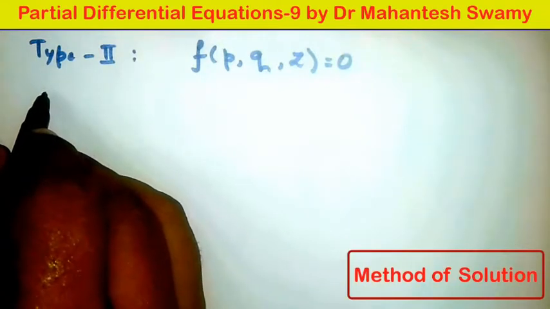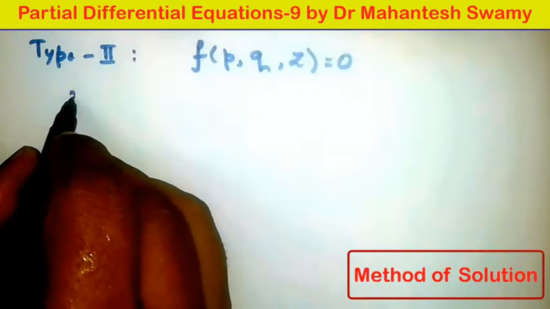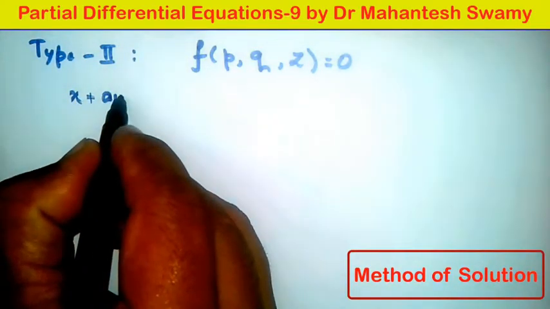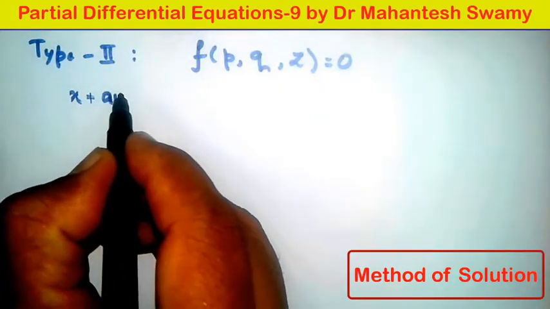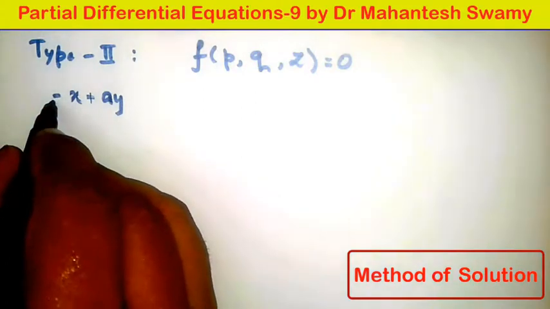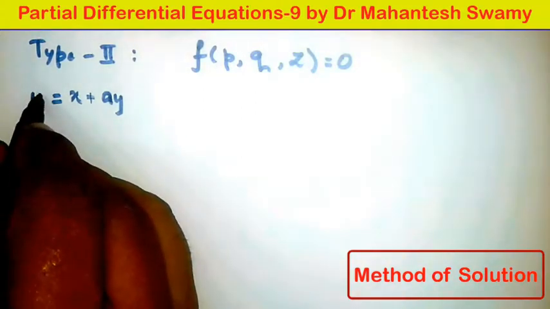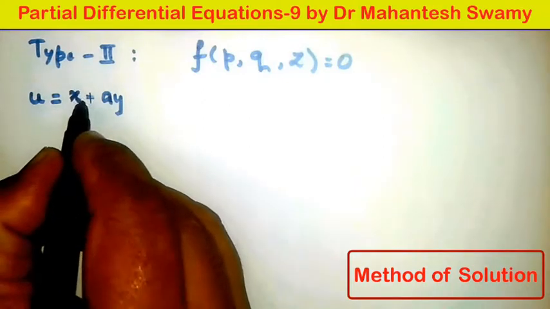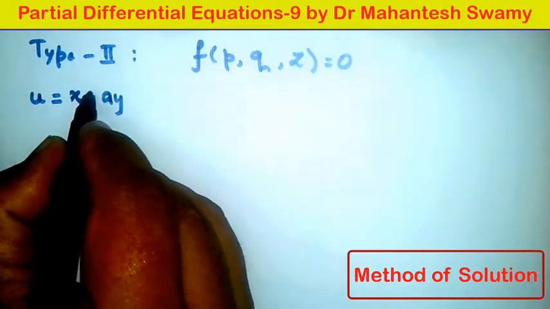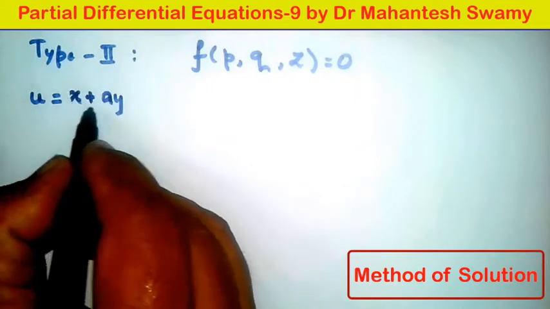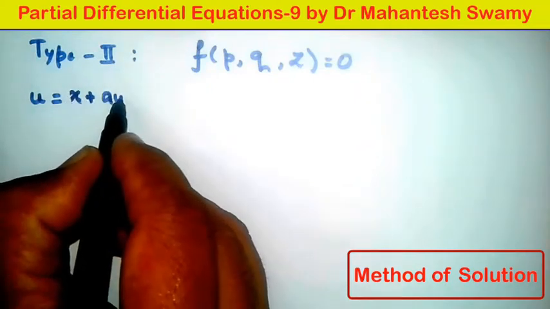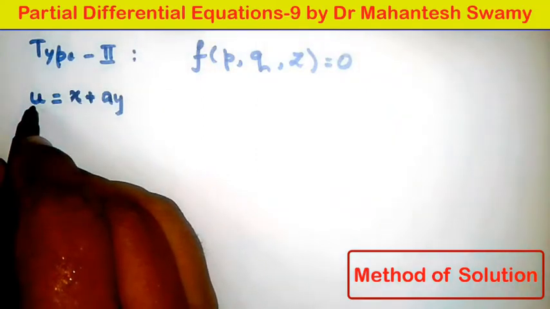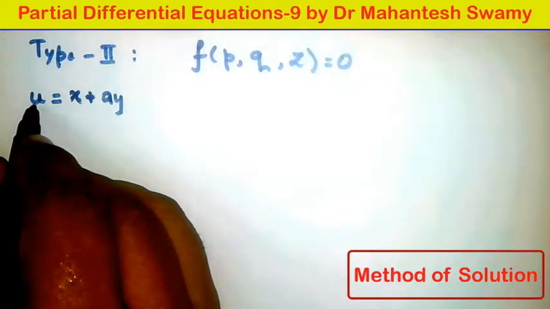It is to consider x plus ay as another variable u. So the independent variables x and y are related through this relation x plus ay, and that new relation is being taken as another independent variable u.